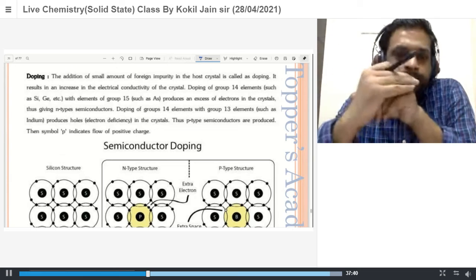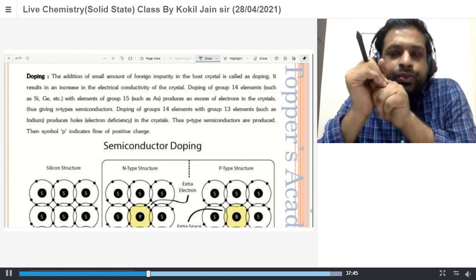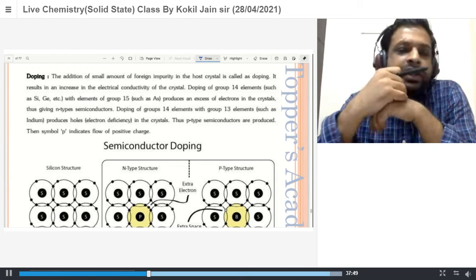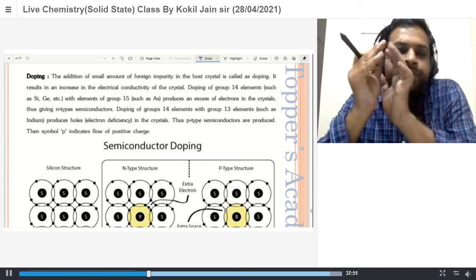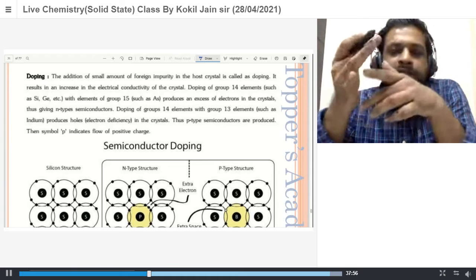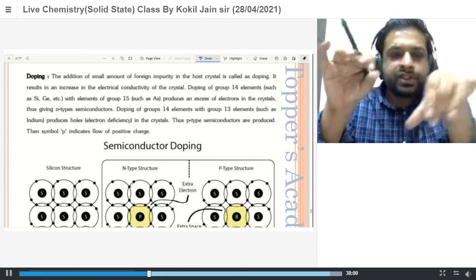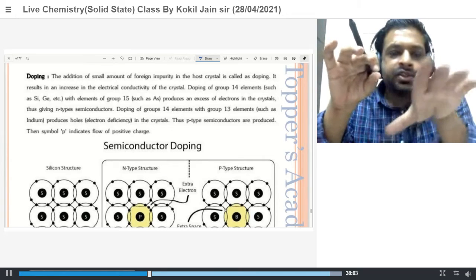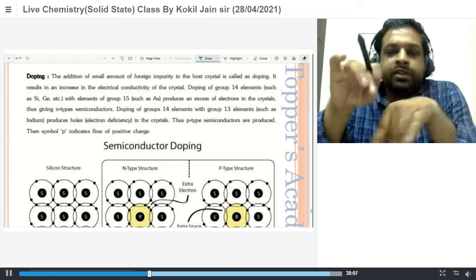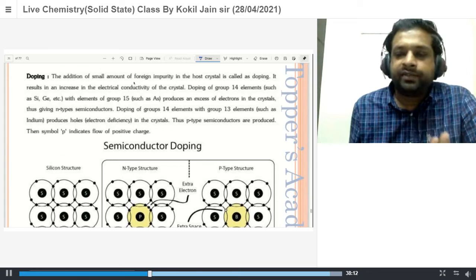But in case of doping, we are going to introduce some kind of impurity here, which is not due to the presence of ions of which the crystal is made up. This is not due to that atom or ion, but due to a foreign impurity we are going to introduce some kind of defect.